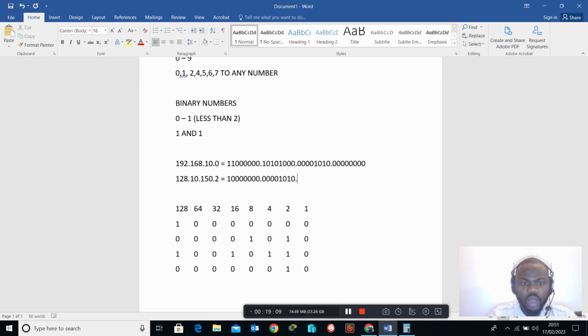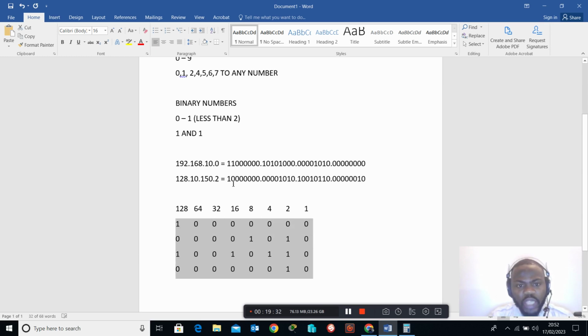That's the second one. The third one, which is 150, is 10010110, and the last one is what? 2. So we are going to have 00000010, and that's what we have. So everything in here has been replaced back here.